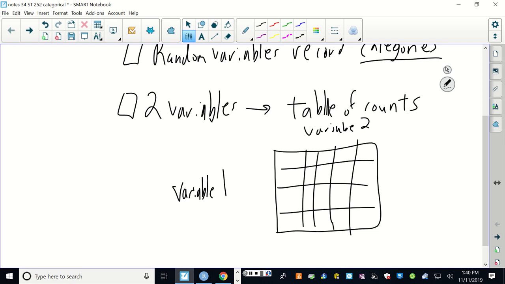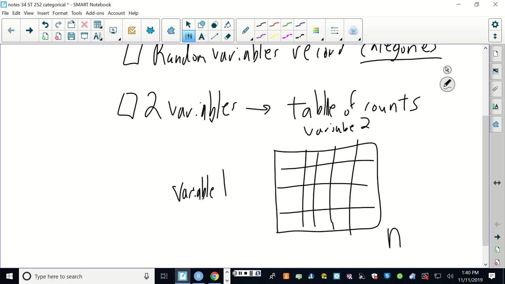Depending on how many categories you have, you get the cross classification. Every person you talk to or interview, or every unit you do a test on, gets classified by the levels of variable 1 and the levels of variable 2 and adds to the count in there. Across the entire table, it adds up to our total sample size of n individuals.